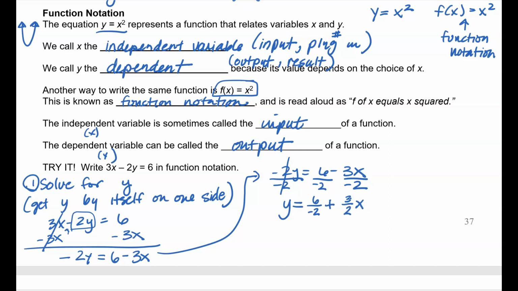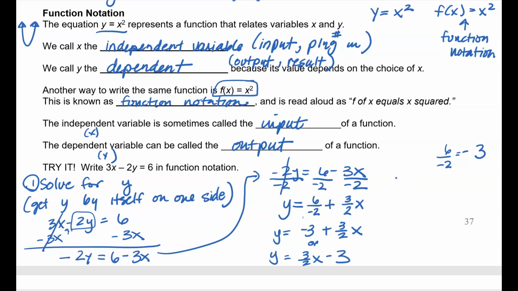You can stick the x with the 3 on top or just put it out front. And then I can simplify 6 over negative 2 by just writing the negative out front, and then 6 divided by 2 is 3. So y equals negative 3 plus 3 halves x. You could also write it, or, y equals 3 halves x minus 3. Either is fine. It doesn't matter the order in which you write these terms.